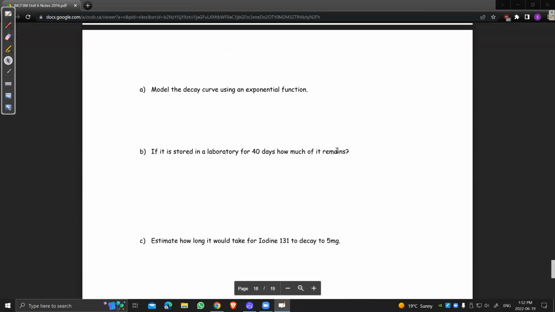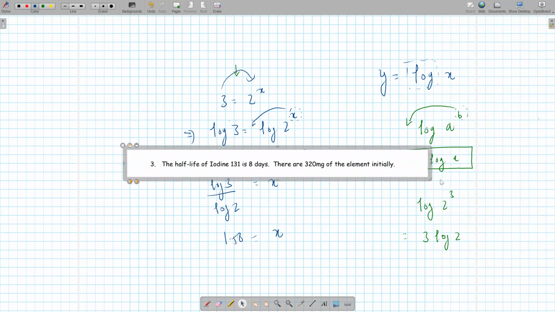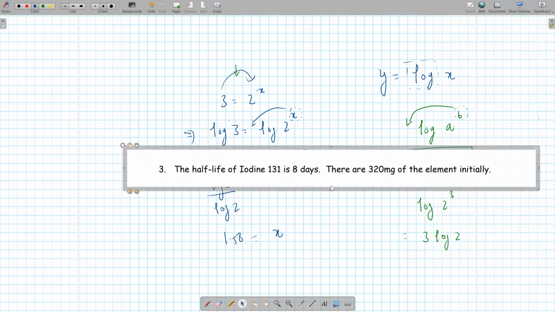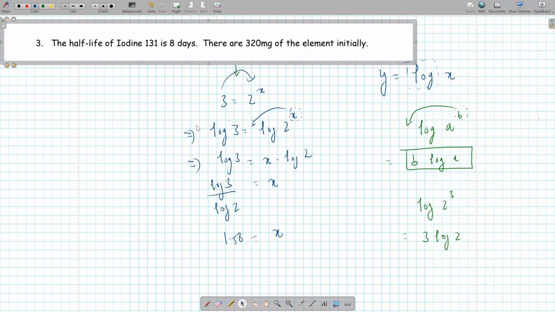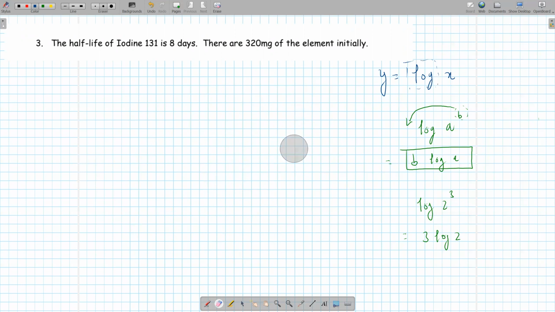We did that question. Let's talk about half-life, which is where this is going to be used. I'm going to give you an example of where this function comes into play. So you see, this is a half-life question, and half-life is in this form.